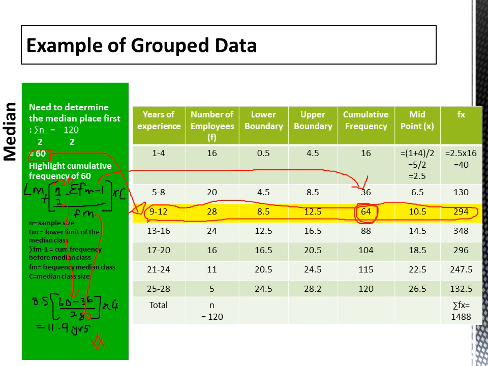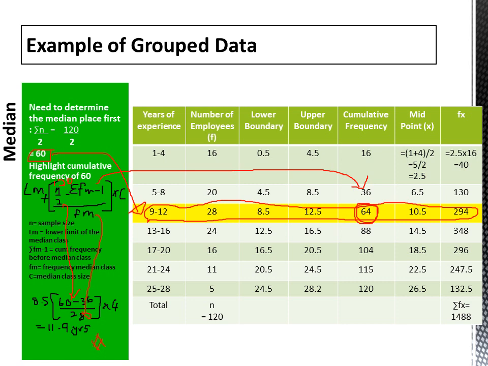Then minus the sum of frequency before the median class. It does not mean that you need to minus 1; this is the formula mentioned before. It is the cumulative frequency before the median class.